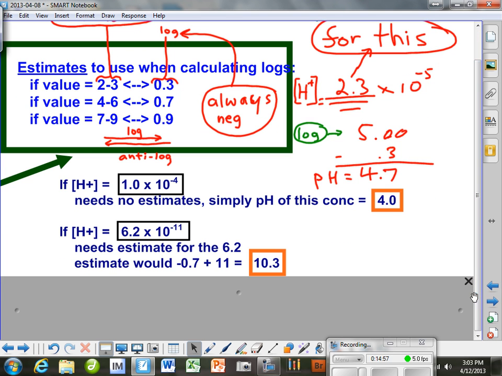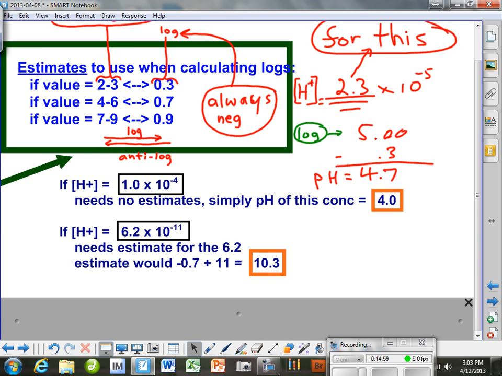Okay, on this example, we've got 6.2, so 6.2 times 10 to the minus 11. 6.2 is where on this scale? 0.7. Okay, so that's why you see right down here the 0.7. Are we good?